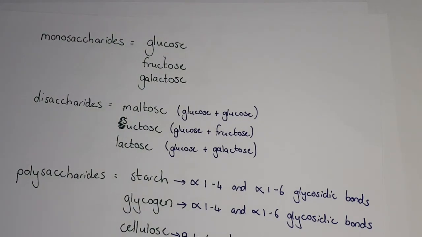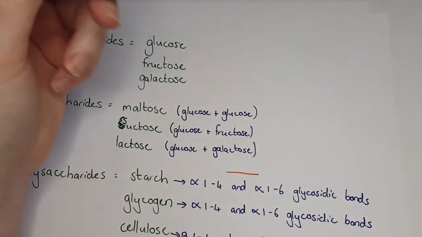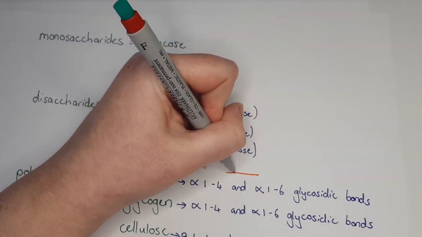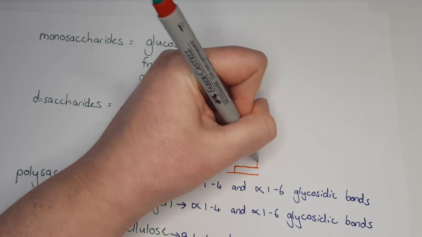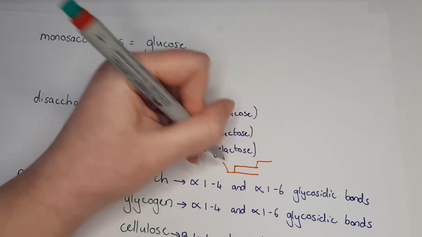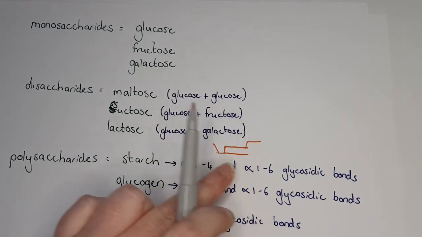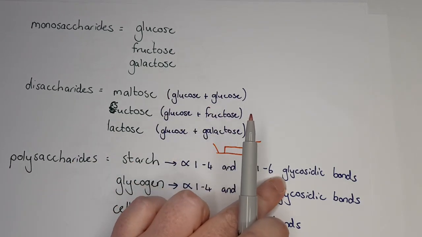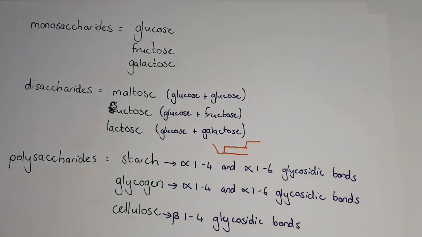So what will happen in a starch molecule is I can have a straight chain of rings, and then I can join at carbon 6 to get a new chain, and carbon 6, and that's how we get a molecule that is called branched. So with alpha 1,4 and alpha 1,6 bonds, you get these branched chains.